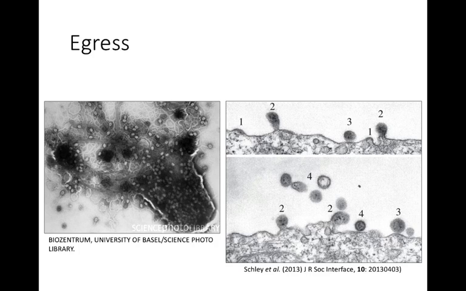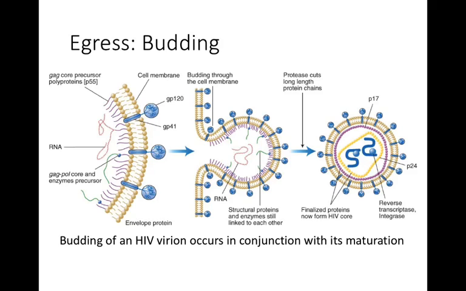This would be common for what kind of viruses? Enveloped viruses. Not all enveloped viruses exit by this strategy. Some do. This is what we call budding. HIV is an example of such a virus that exits by budding.